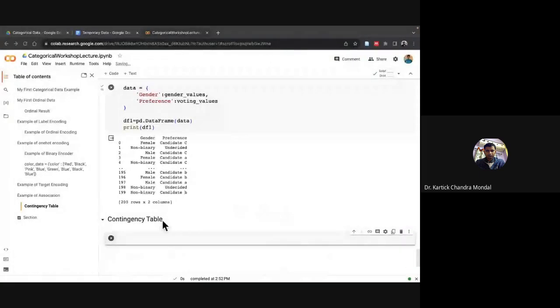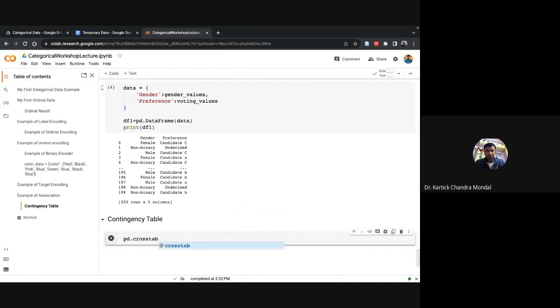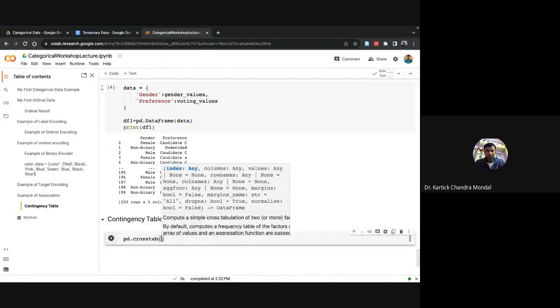So one function is available in Pandas, called crosstab, which is equivalent to the contingency table, which we will use to generate a contingency table. We will use that function on the variables gender and preference. So let's use these two values as the arguments.